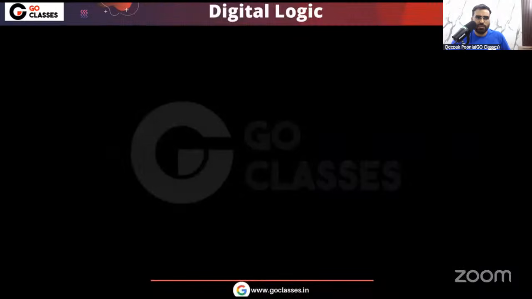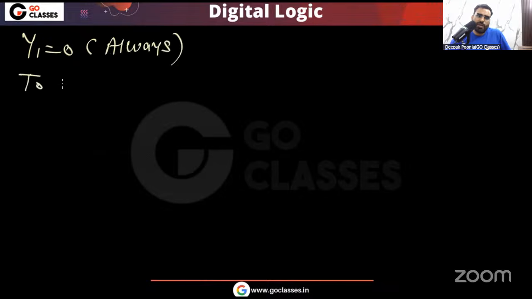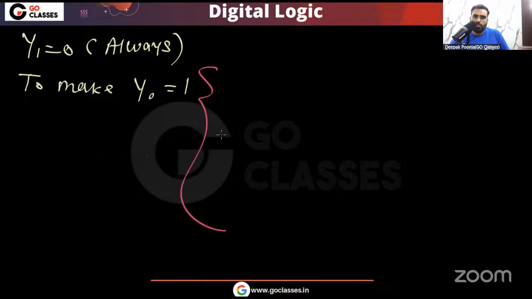You can easily see what we have seen so far. To make y0 equal to 1, we already know that y1 is always 0. To make y0 equal to 1, there are two possibilities.